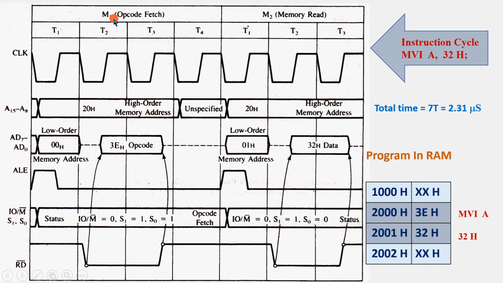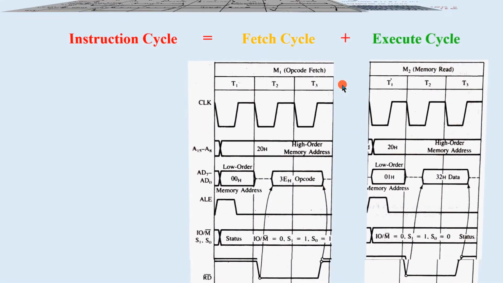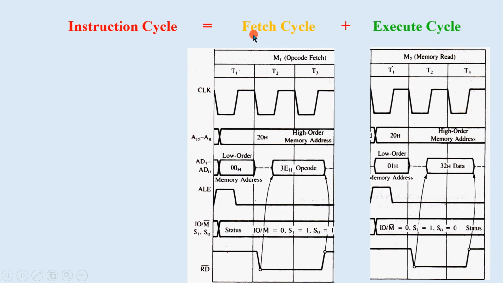These are the two parts. See here, the first part we call the operation code fetch, and the second part we call a memory read. So this M1 and M2 are the machine cycles, and M1 plus M2 together is the instruction cycle. So the instruction cycle constitutes the opcode fetch cycle and the execute cycle. After splitting, you can see again the instruction cycle is a fetch cycle plus an execute cycle.